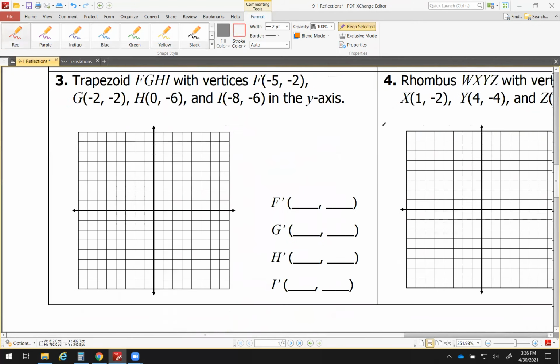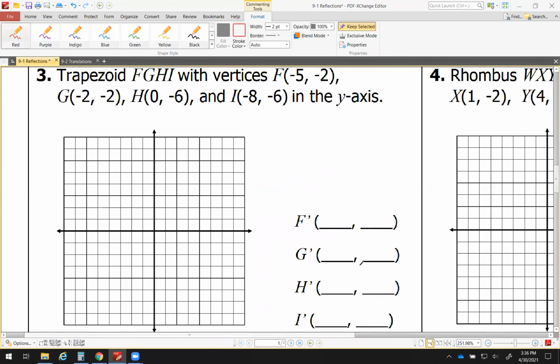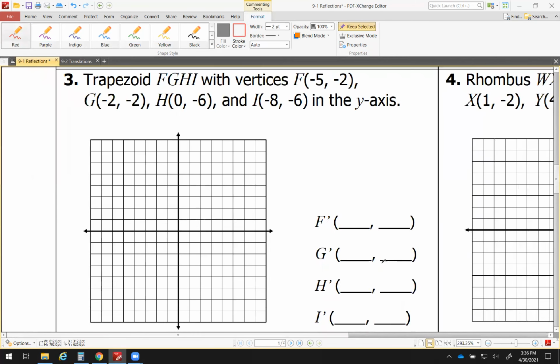So number 3, we've got a trapezoid flipping over the y-axis. So F is at the point -5, -2. G is at the point -2, -2. H is at the point 0, -6.